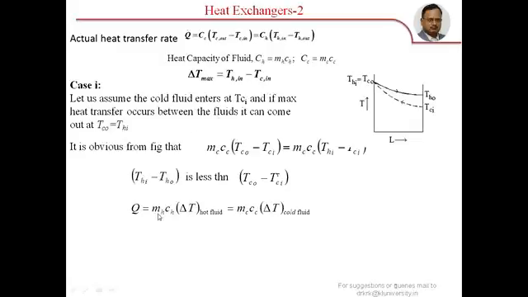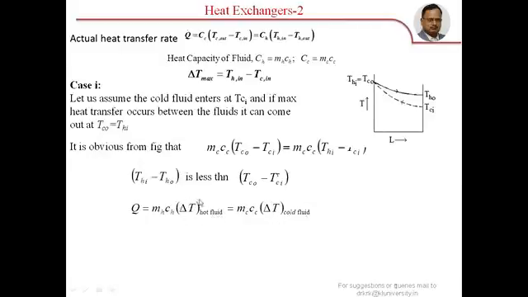MHCH is the heat capacity of hot fluid, and MCCC is the heat capacity of cold fluid. Kindly pay a little more attention here. Heat capacity of hot fluid into delta T of hot fluid is equal to heat capacity of cold fluid into delta T of cold fluid, the energy balance equation. Delta T of hot fluid is less than delta T of cold fluid, obvious from this figure.